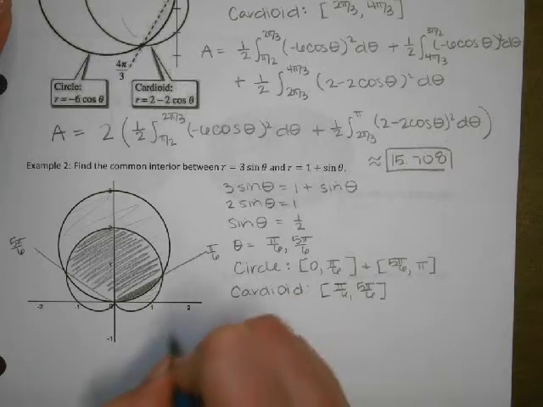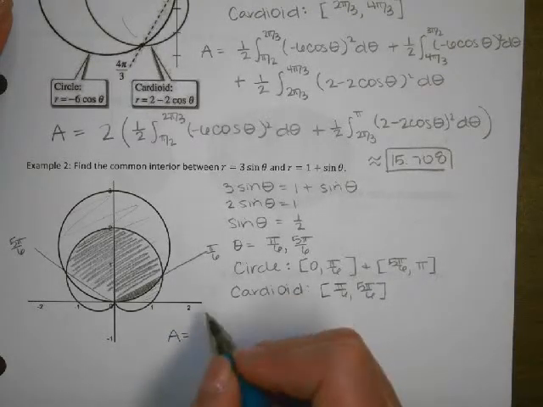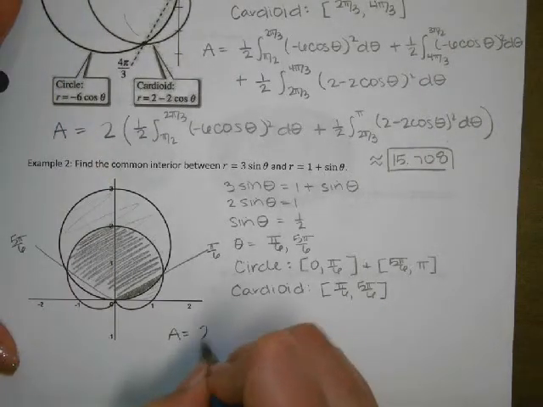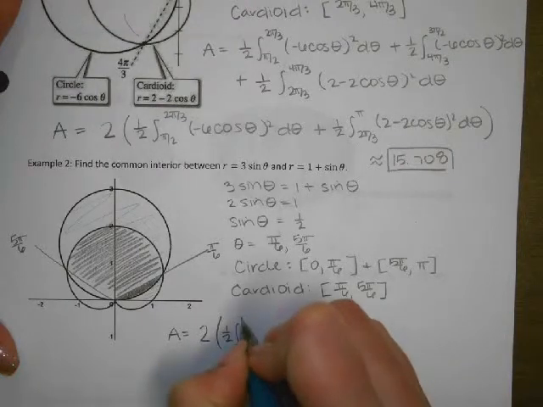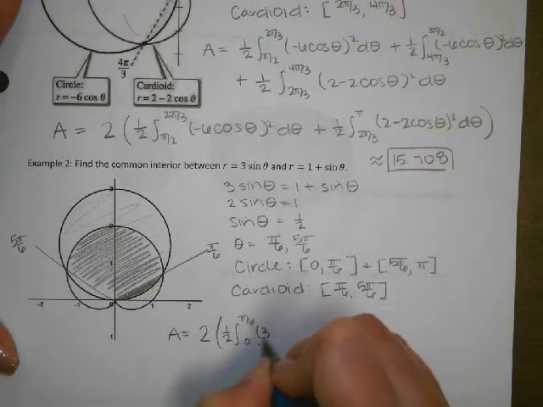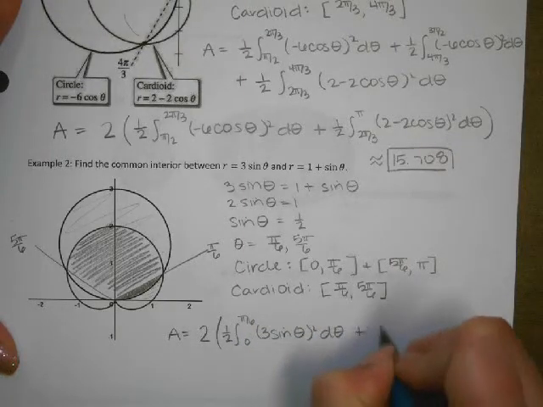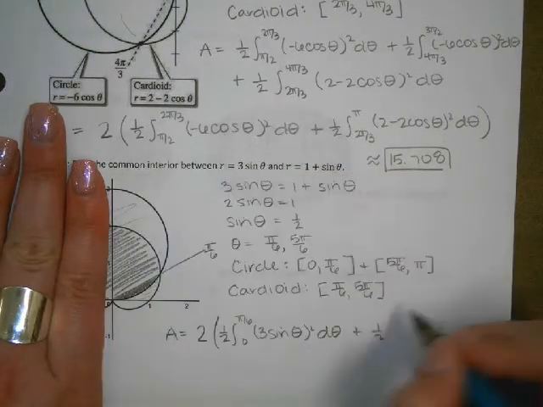Okay, so when you write this out on your paper, you can set it up however you want to. I'm going to find just half the area and then double it. So I'm going to say 2, and then I've got 1/2 of my sliver, and then 1/2, and then I'm going to go from pi over 6 to pi halves.